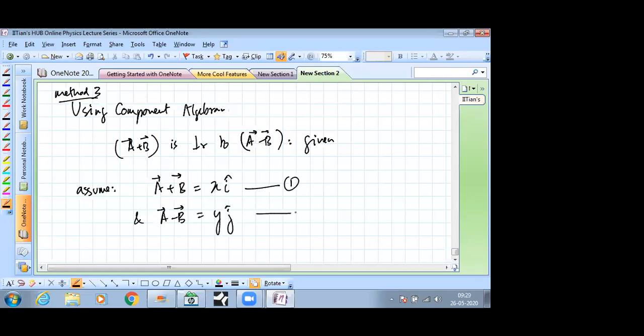These two assumptions. Now solve to find vectors A and B and then show that magnitude of A will become equal to magnitude of B.